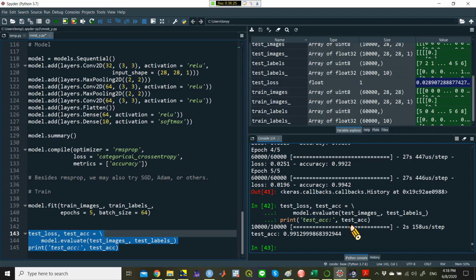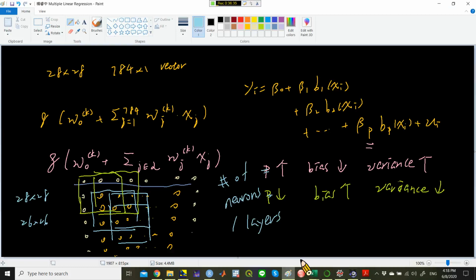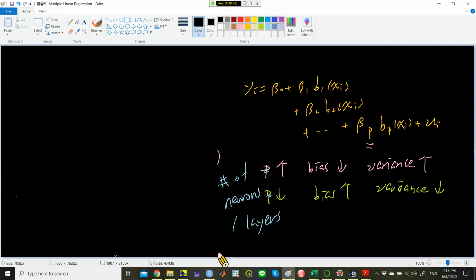Another reason I don't want to do that here is, it was on my blackboard, but I erased it. Remember, when we are doing gradient descent, we have some loss function. We want to minimize this loss function to find the global optimum.